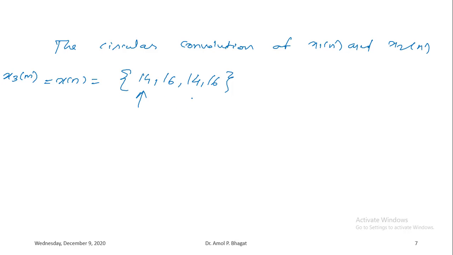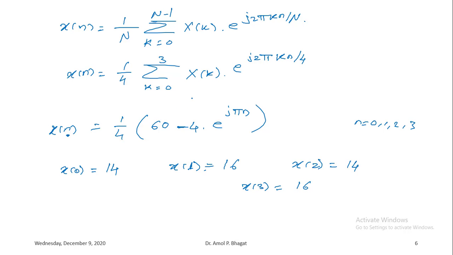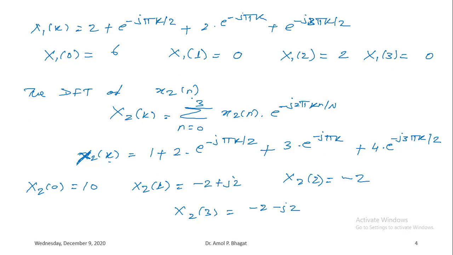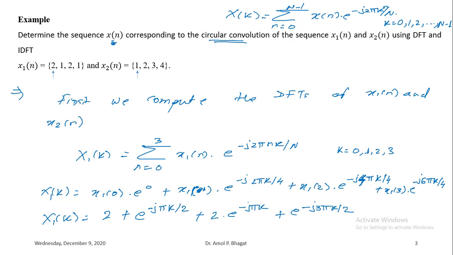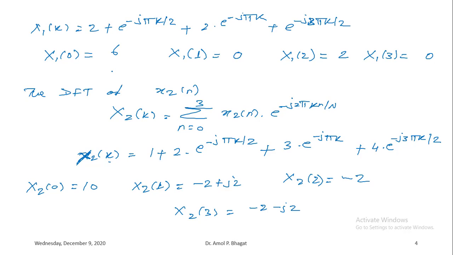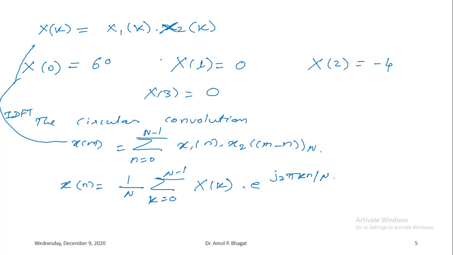Okay, so to identify the circular convolution by using the multiplication of two DFTs property, initially you will determine the DFTs of these two sequences, that is x1 of n and x2 of n. After determining the DFTs, we will multiply those DFTs to get the circular convolution in the frequency domain.